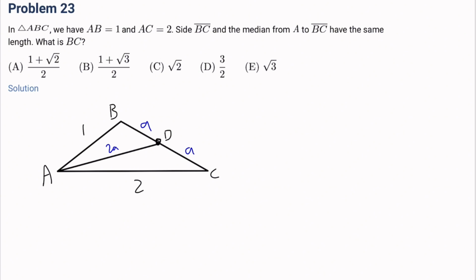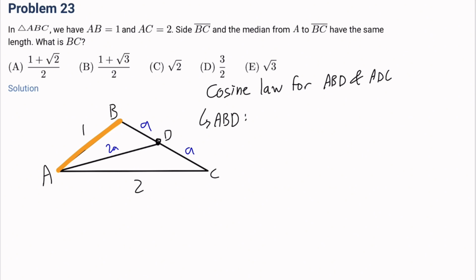We can use the cosine law for ABD and ADC. If we use it on ABD, we will focus on this length.